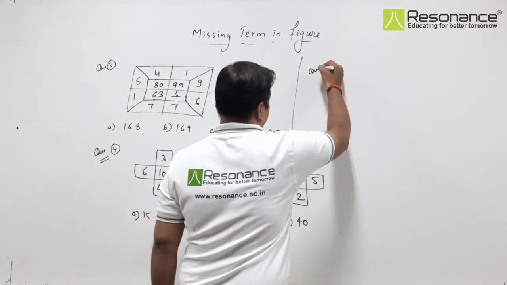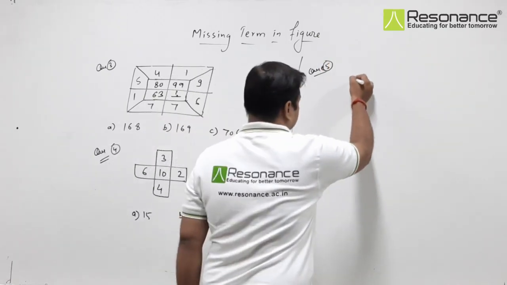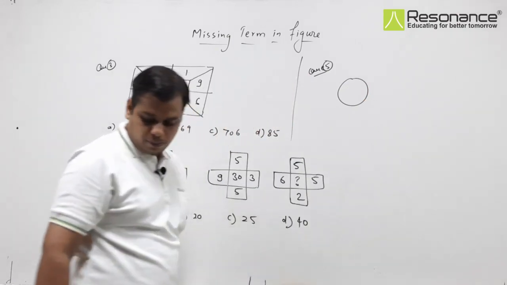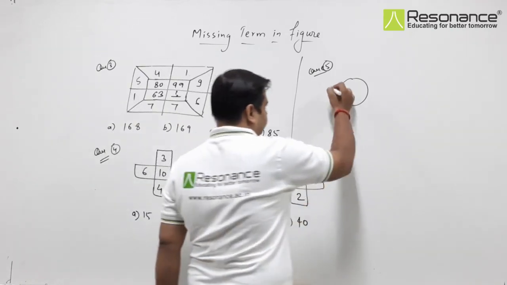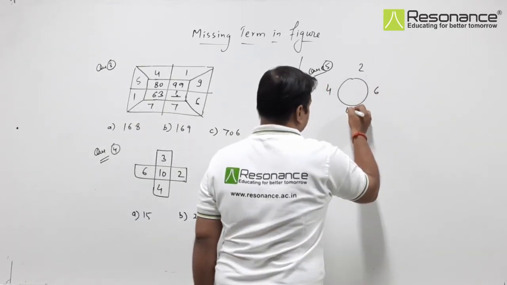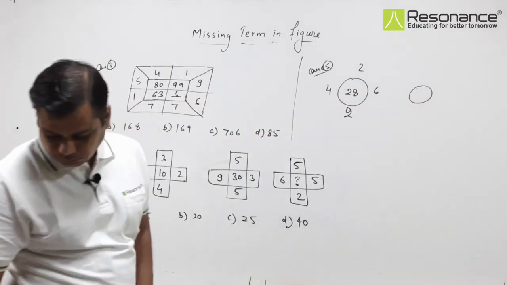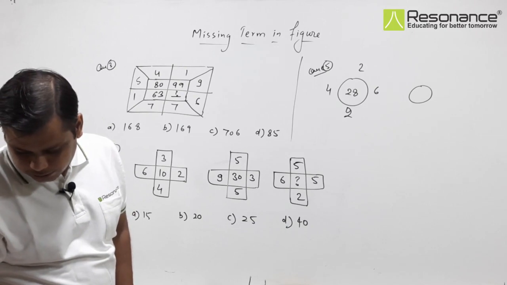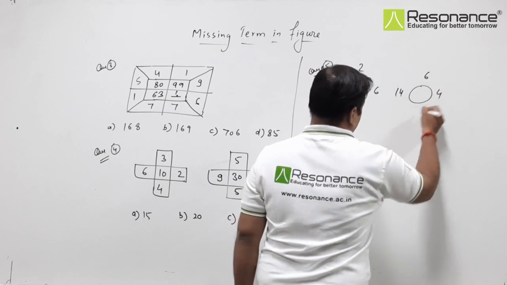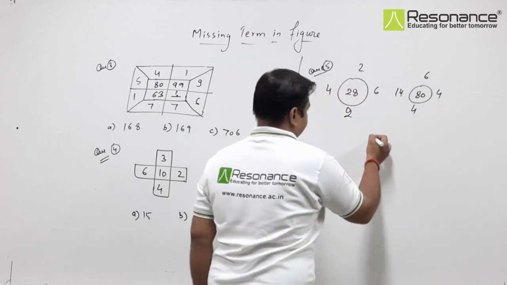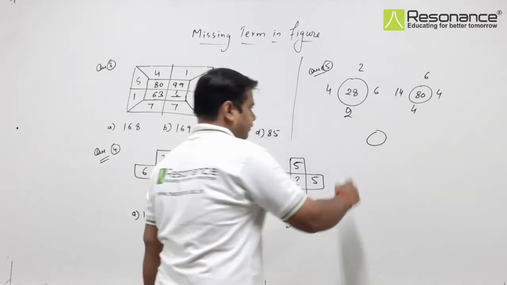One more question we can say: Four, 2, 6, 2, 28, 14, 6, 4, 4, 80, 2, 2, 13, 7.